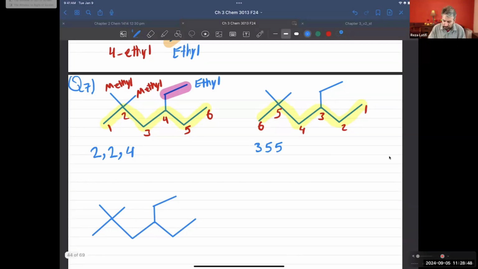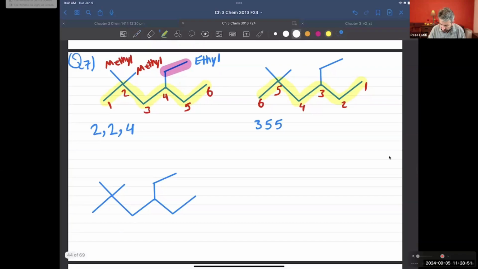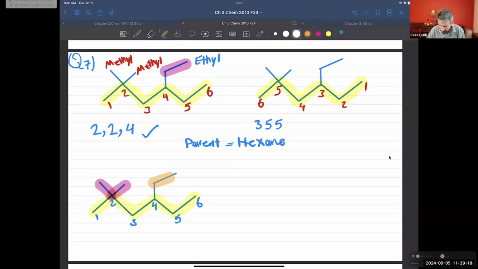But there's a problem here, and I'm going to highlight it to you very soon. So we adopted this. That means 1, 2, 3, 4, 5, 6. The parent will be hexane. No question about this. Next, I have 2 methyls and 1 ethyl. So this is going to be ethyl, and this one is methyl.